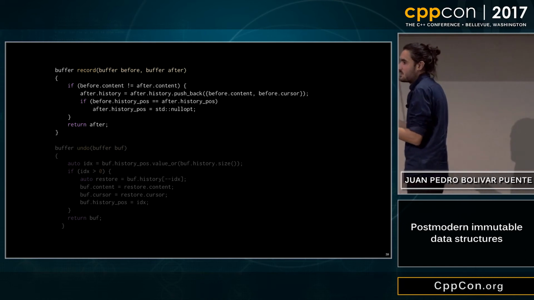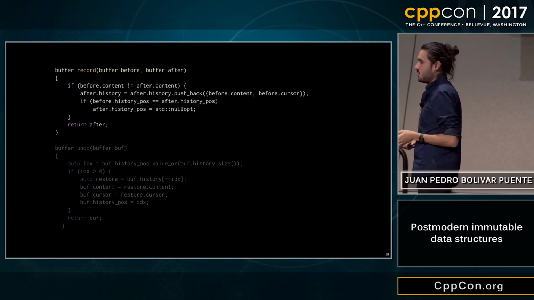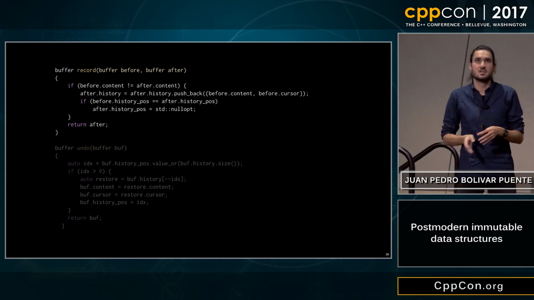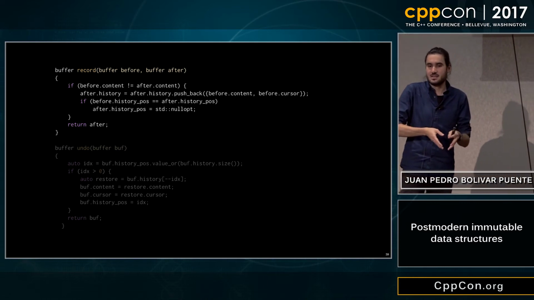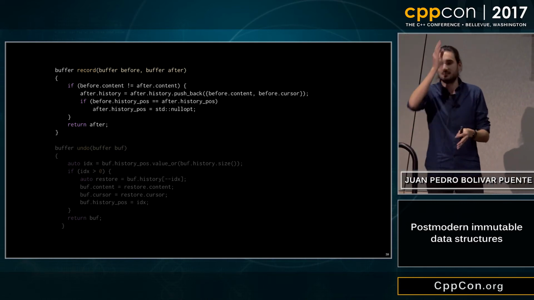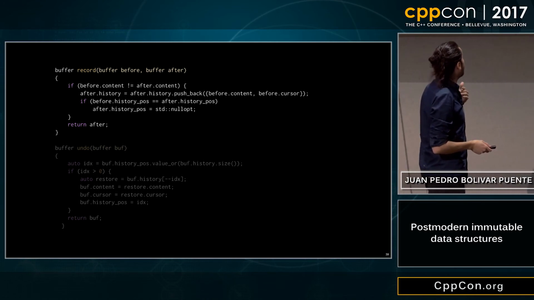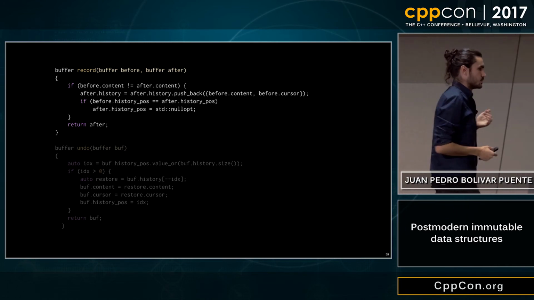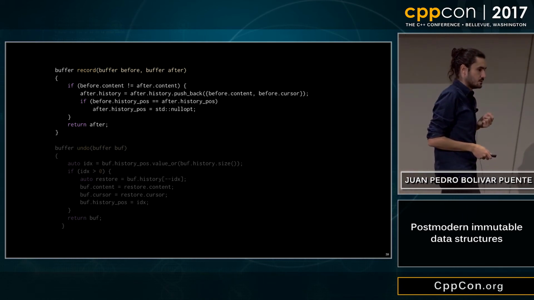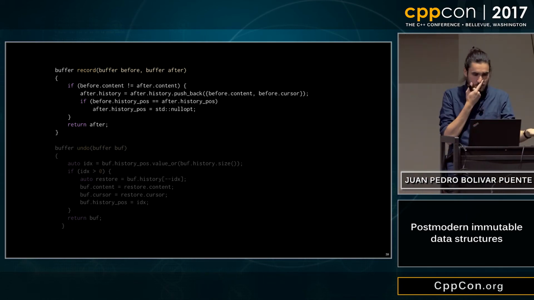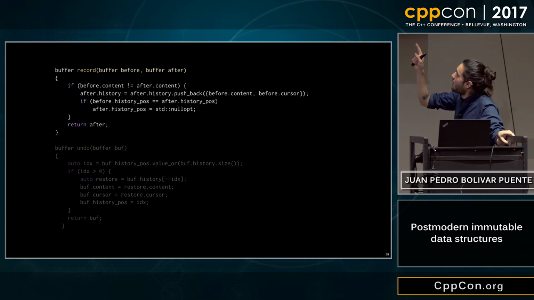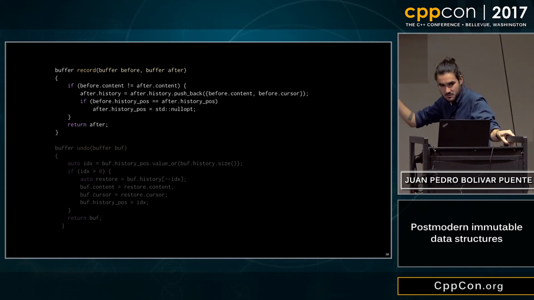Because there might be operations that don't change the buffer, or even operations that sometimes change the buffer, but in this case didn't because you're deleting the first character or something. Then if it did change something, we need to record it, so we just push it at the end of the history vector. And then we also compare, did the position of the history change?